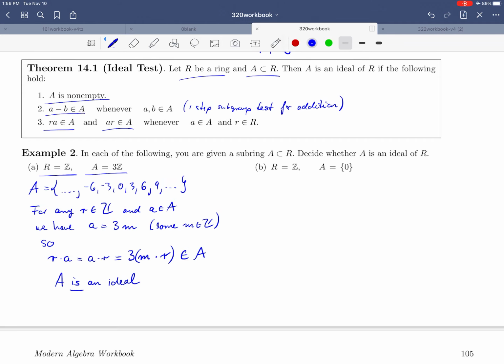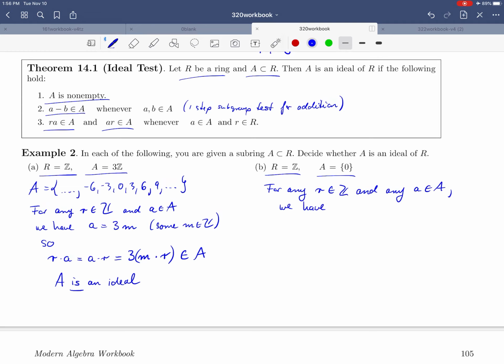What about part B? We again have the integers, and here our subring only has the additive identity. It only has 0 in it. Let's check again. We need for any R in Z and any A in capital A, what do we have?